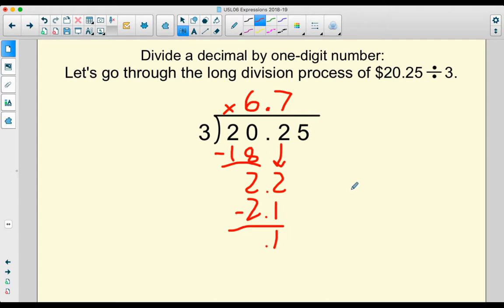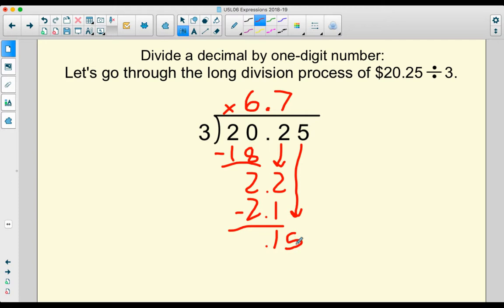Remember, that was the 1 dime we had left before. 1 is less than 3, so I can't put that 1 dime into a group of 3. I'm going to bring down the 5 hundredths, and that changes my 1 tenth into 10 hundredths, totaling 15 hundredths.